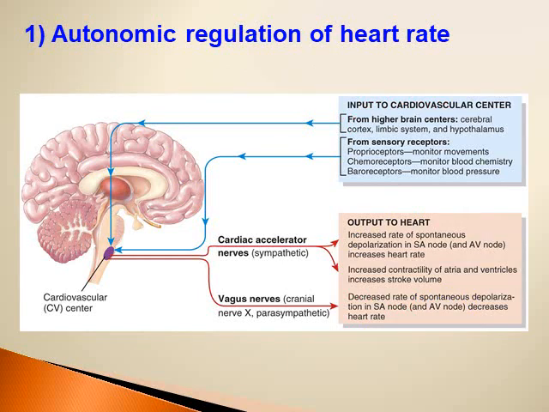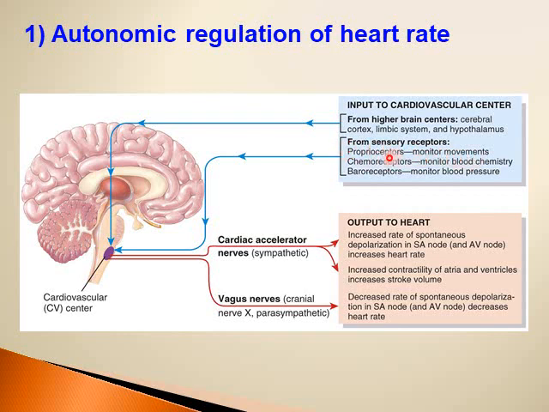Here we can see the summary of the effect of both the sympathetic and parasympathetic divisions of the autonomic nervous system on the heart. The cardiovascular center in the medulla oblongata receives input from higher brain centers like the cerebral cortex, limbic system, and the hypothalamus, and also from sensory receptors: proprioceptors that monitor movement.